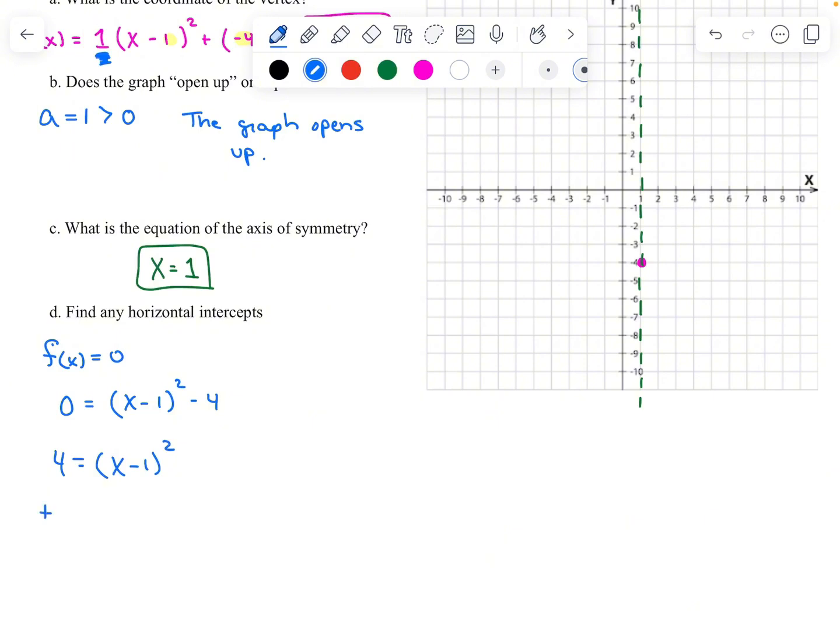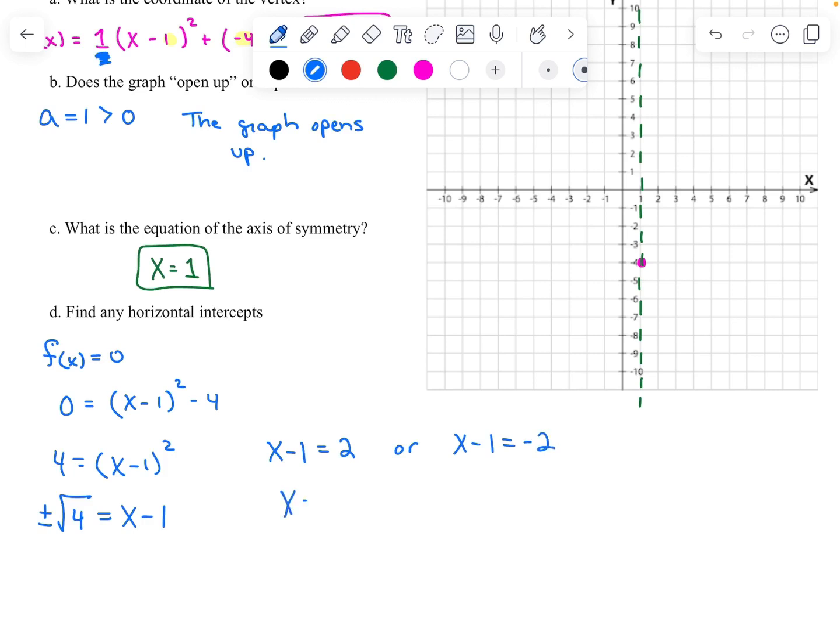Next, I'm going to take the square root of both sides, not forgetting the plus or minus symbol. And the square root of 4 is 2. So the two equations are x minus 1 is equal to 2, or x minus 1 is equal to negative 2.